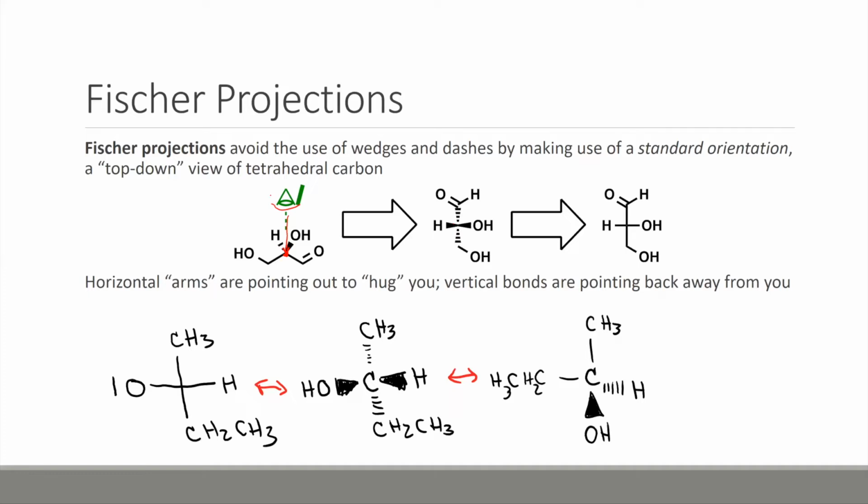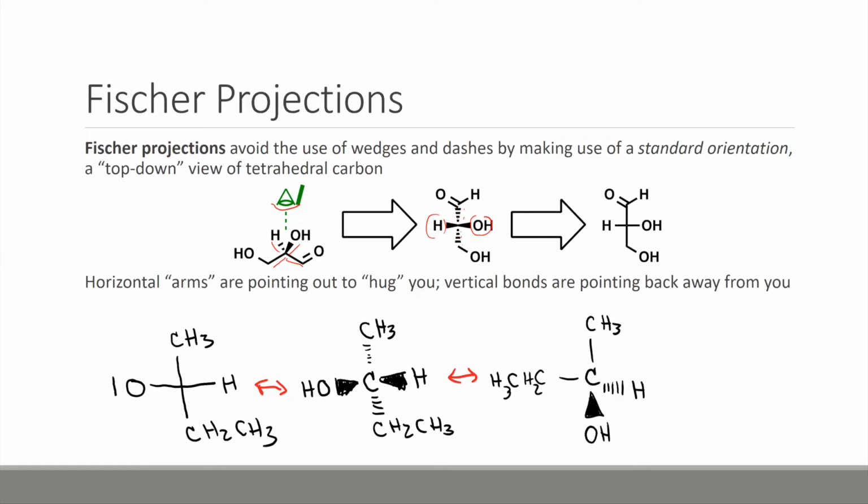So everything here, you notice from above, this hydrogen and this OH would actually be pointing up at you. That's why they now have wedges in this drawing. And the chain would look like it was pointing down away from you. And that's why they have the dashes here.